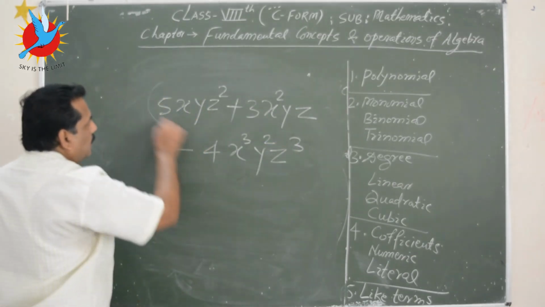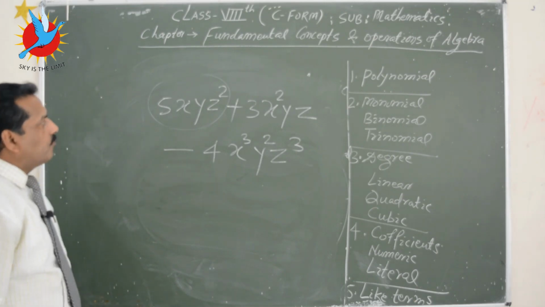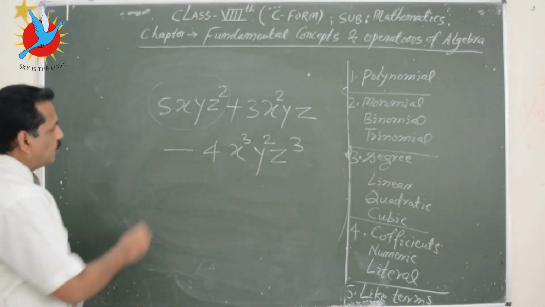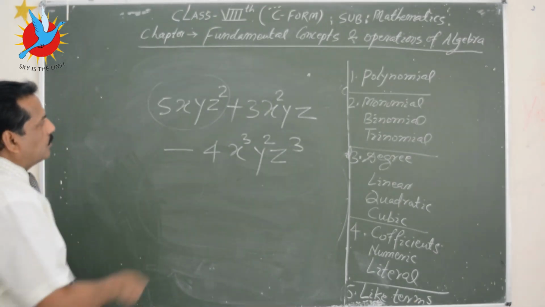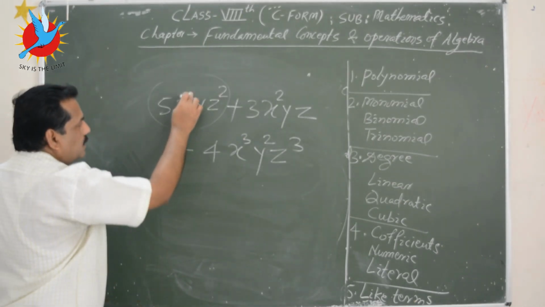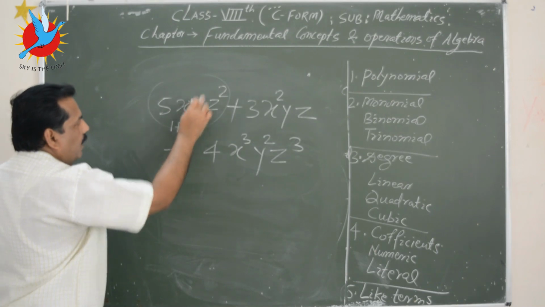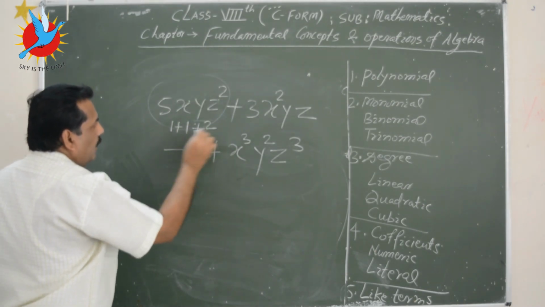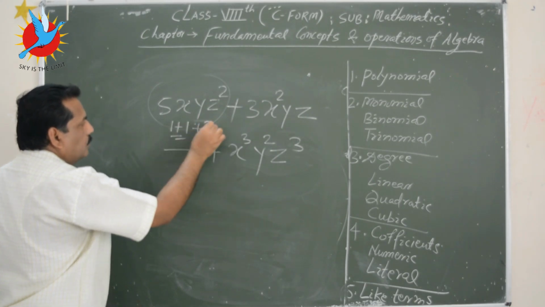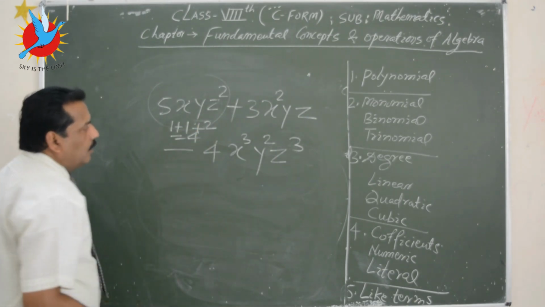So let us pick each term one by one. We have to find the sum of powers of each term. So for the sum of powers of each term: x power is 1, y power is 1, z power is 2, and this is 1, 2, and this is 4.